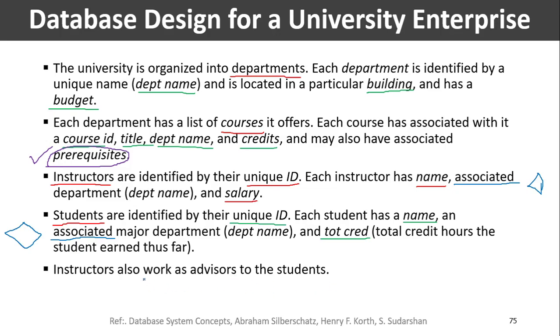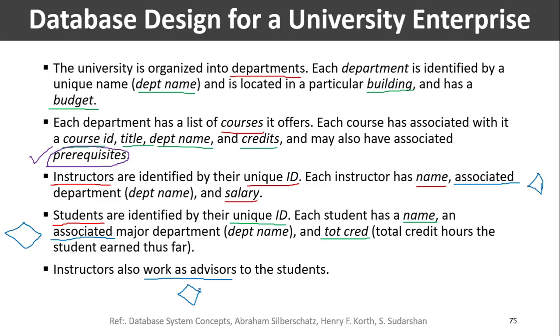So here we may have one relationship between instructor and student to depict how they are associated. Actions usually are depicted by making use of relationships. So this is the action: instructors are working as advisors to the students. So this can be depicted as the relationship set.